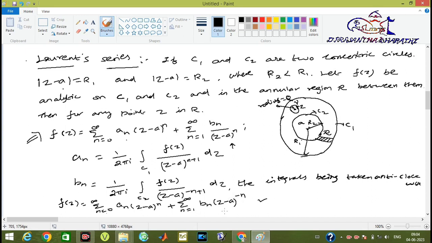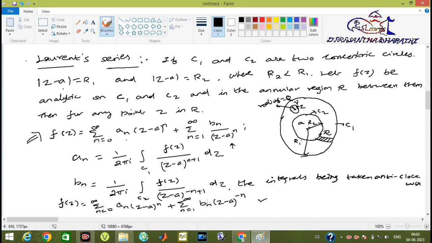If I put n equal to 0, the coefficients of an and bn would be the same. So in order to avoid that, we put n equal to 1 so that it comes to the denominator, z minus a whole power minus 1. So the value starts from plus 1.